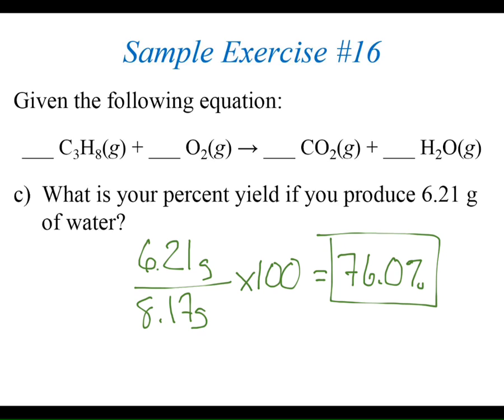Will the actual yield always be smaller than the theoretical yield? It doesn't matter. Like 99% of the time, I mean, it should be. Let me say, theoretically, it should always be smaller because it's impossible for you to make more than you can. However, I will say that sometimes in the lab, let's say you're supposed to make 5 grams of something and you filter it with a bunch of water and you don't quite get it dry, and actually wind up weighing like 5.5.